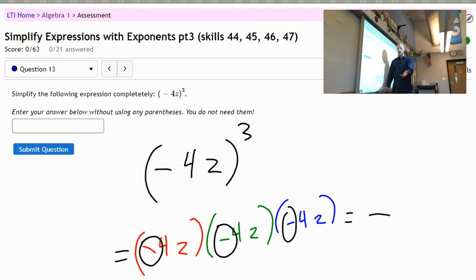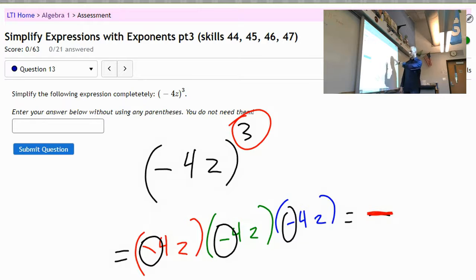The easier way to do this is just count how many negative signs are being multiplied together, or in this case, look at this original exponent. If it is odd, that means you're going to have an odd number of negative numbers, which means you will always end up with a negative answer. If you're raising a negative base to an exponent, if the exponent is odd, you'll get a negative answer.